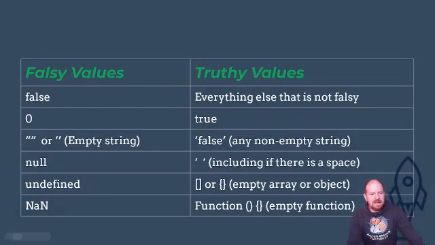So these 6 things, if you just put those in, they are going to evaluate to false by themselves. So you're not asking if they're anything. If you say false, if you say 0, if you type an empty string, null, undefined, or not a number, it's going to return false. Everything else returns true.